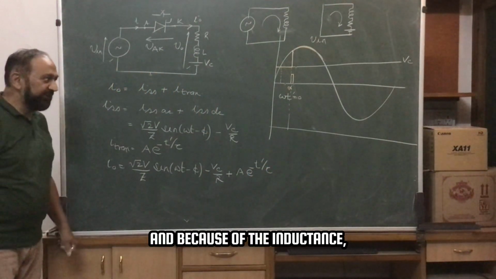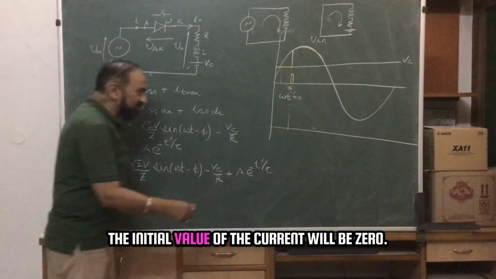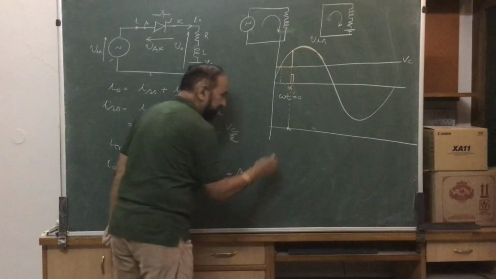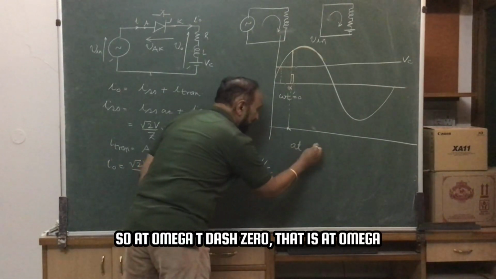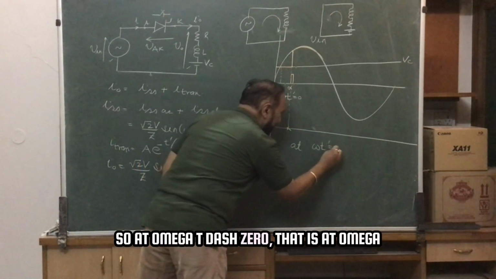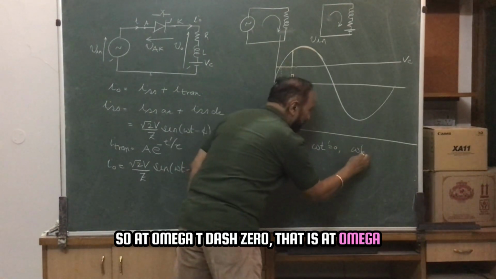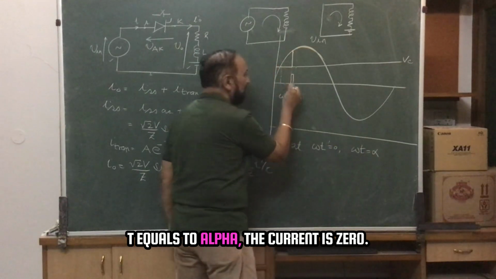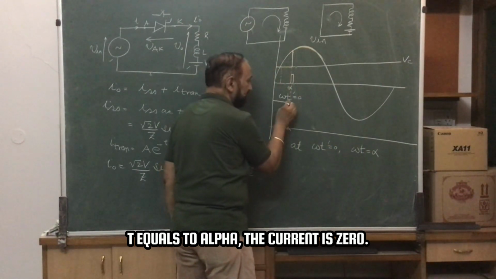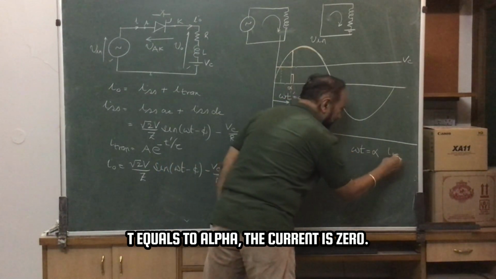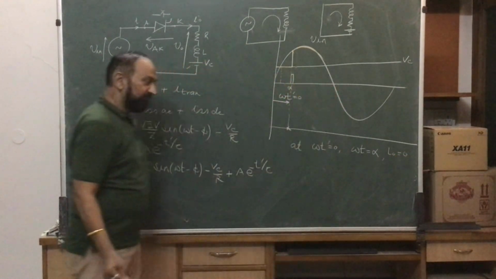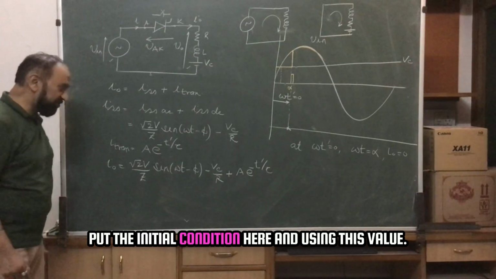And because of the inductance, the initial value of the current will be 0. So at omega t dash 0, that is at omega t equals alpha, the current is 0. Put the initial condition here.